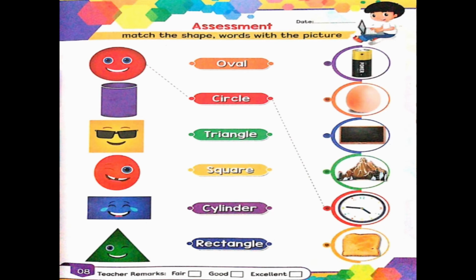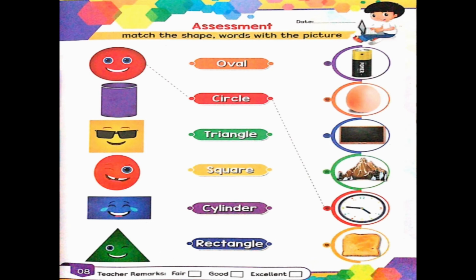Okay kids, now the third shape is square. So kids, you have to match it with its name. Square, it has four sides, and then you have to match it with bread because they are similar. And then we have oval. Match it with its name oval, and then you have to match it with egg because they are both the same.